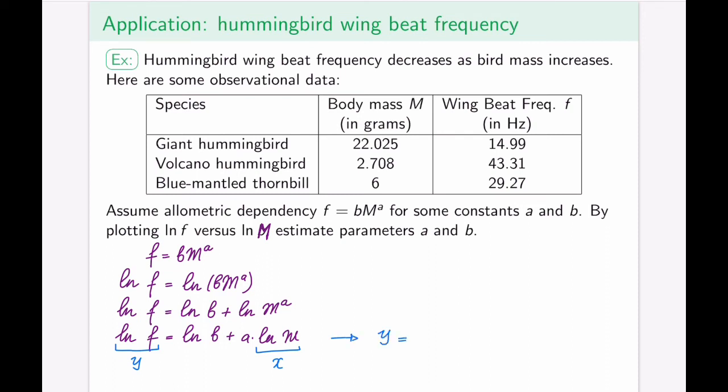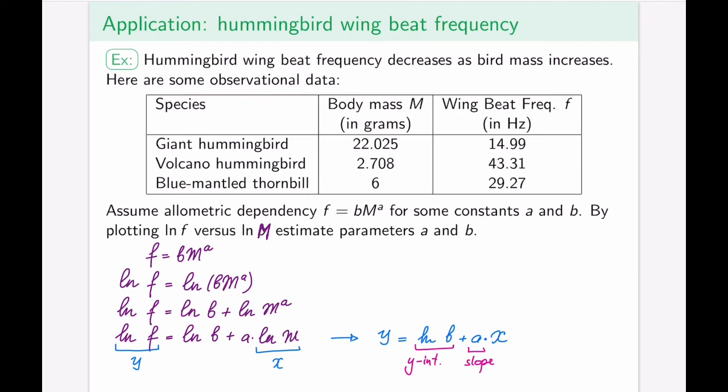I'll have Y is equal to ln of b plus a times capital X, and interpreting this as its own graph in terms of capital X and capital Y, I can see that this is simply a line, and within this line, this a is the slope, and this ln b is the y-intercept, okay?